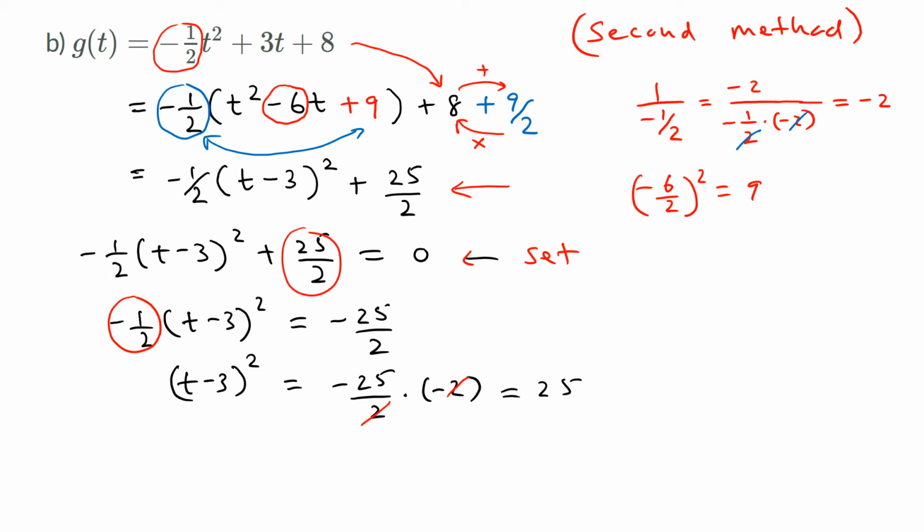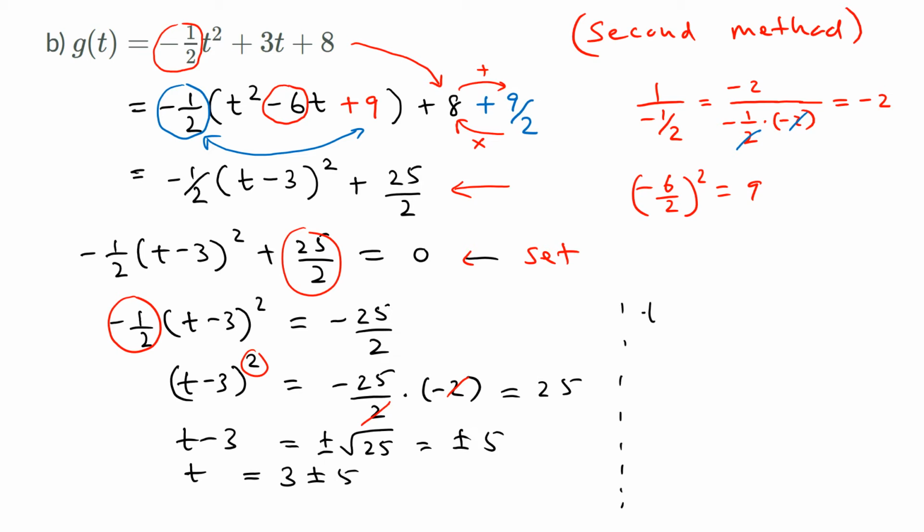And then we take the square root. Consider the square root. It is t minus 3, and because of the even power, you're going to get plus or minus the square root of 25, which is 5. Now we're going to add 3 to both sides, so t equals 3 plus or minus 5. And we're going to go with each case separately.